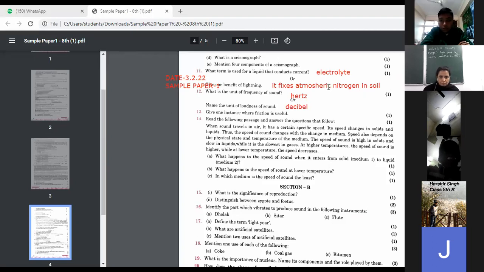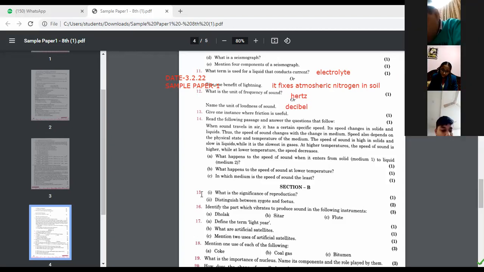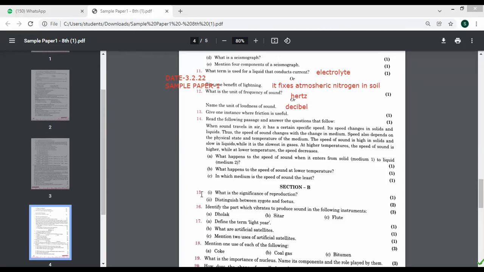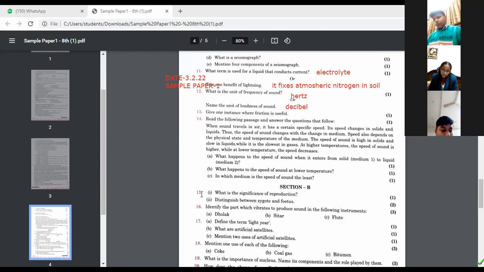Speed also depends on the physical state and temperature of the medium. The speed of sound is high in solids and slow in liquids, while it is the slowest in gases. At higher temperature the speed of sound is higher, while at lower temperature the speed decreases. Okay, so here are a few of the questions A, B, C.